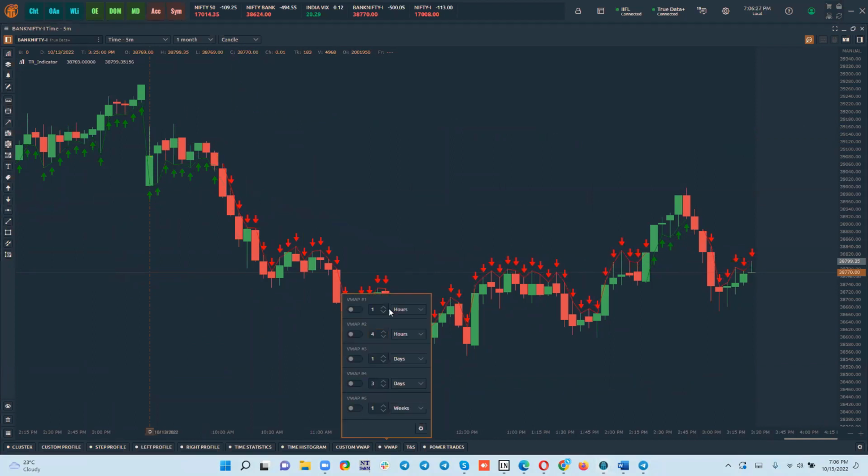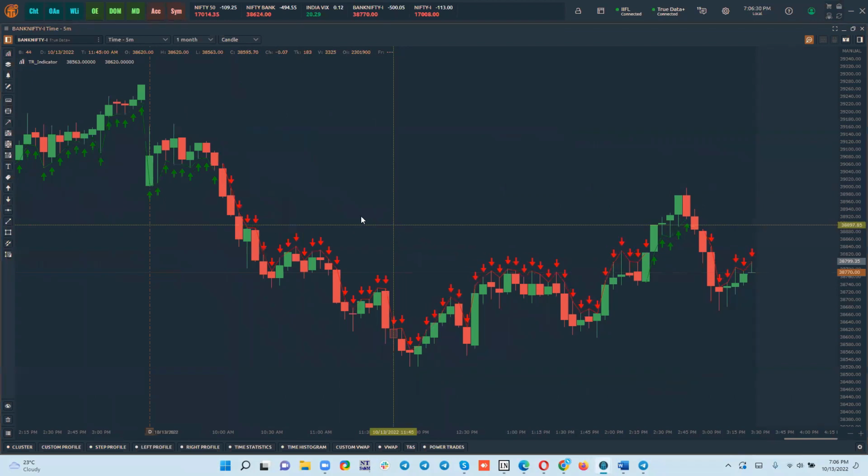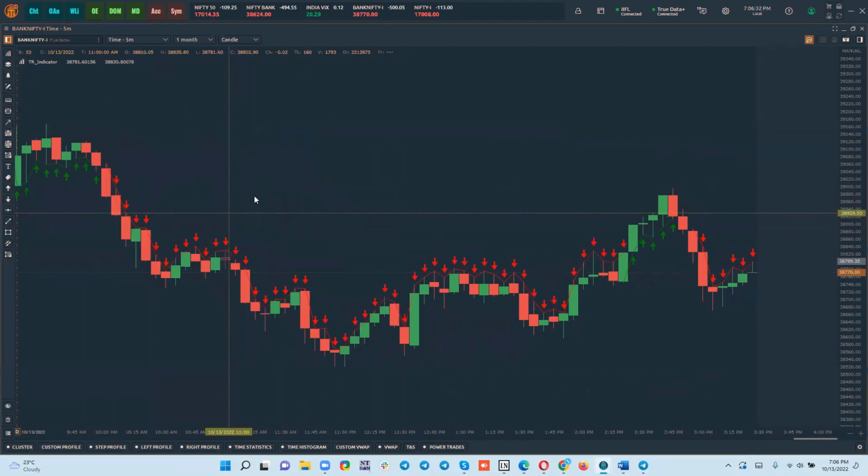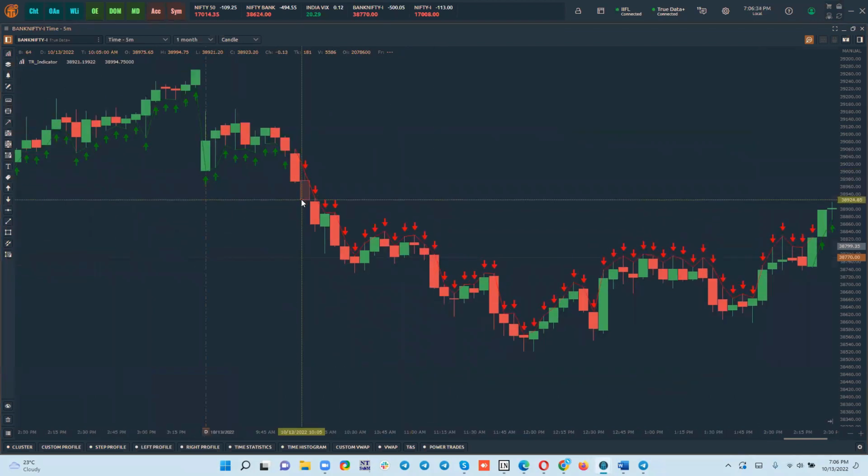I put it for a purpose, which I can explain later on. So here you got a signal on this bar. The closing of this bar was 38,923.20.